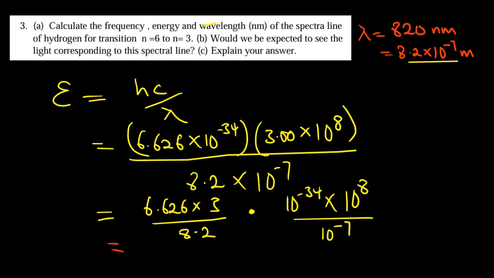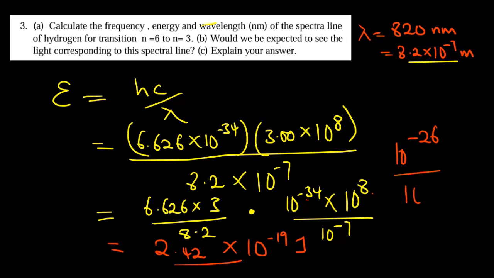When I do this on my calculator, I'm getting 2.42 multiplied by 10 to the power minus 19 joules. So this will be my energy. Let's confirm that we get 10 to the power minus 19. Here we have minus 34 and 8, so we add those: minus 34 plus 8 gives minus 26. So I get 10 to the power minus 26, and then I still have 10 to the minus 7.